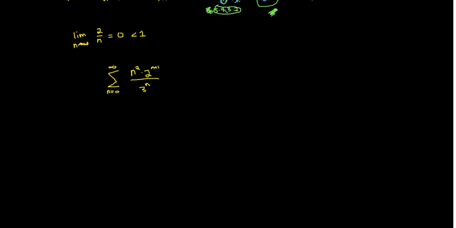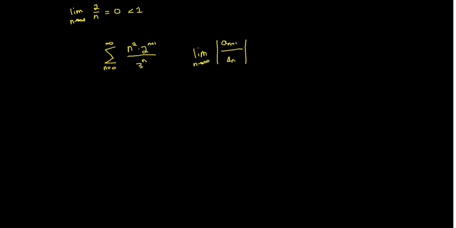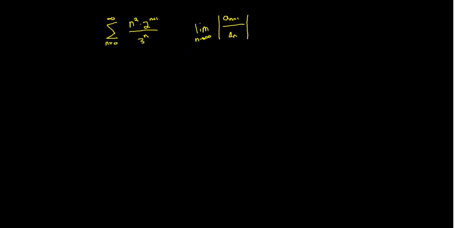Alright, so again, to do this, we're going to compare a sub n plus 1 over a sub n, and we're going to take the limit as n is approaching infinity. It won't matter in this case, I don't think, but negatives don't matter. It's the absolute value. So we need to plug in n plus 1.